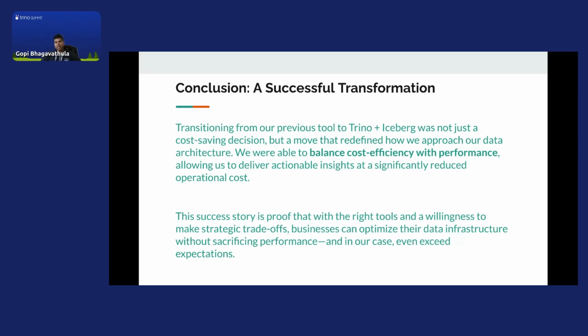We were able to balance cost efficiency with performance, allowing us to deliver actionable insights at a significantly reduced operational cost. This success story is proof that with the right tools and a willingness to make strategic trade-offs, businesses can optimize their data infrastructure without sacrificing performance. And in our case, even exceeded our expectations.